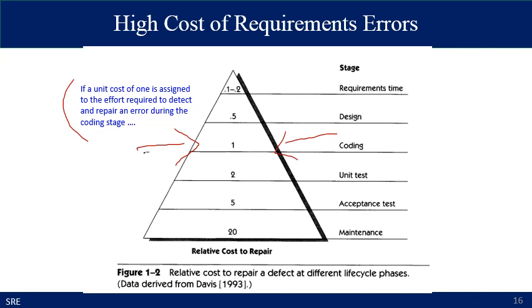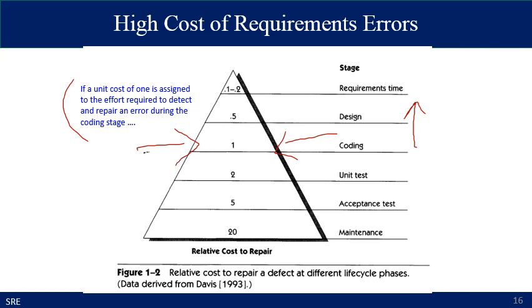Of course, if you recover the error before the coding, it will cost you less, because the less time you have spent developing the product, the less you have spent on resources and the time of developers.